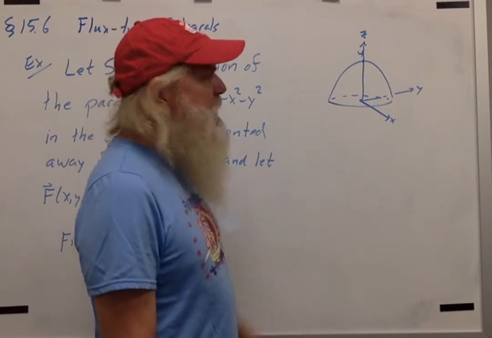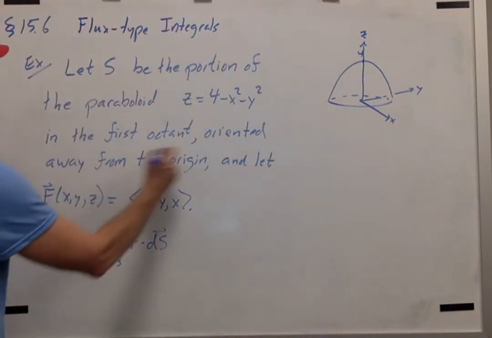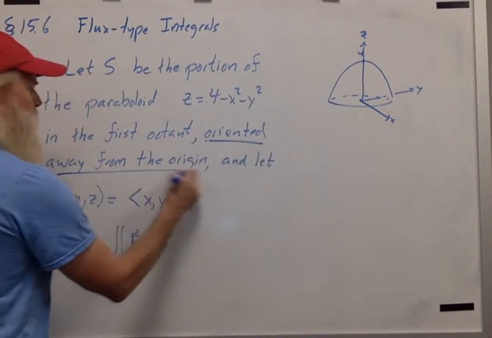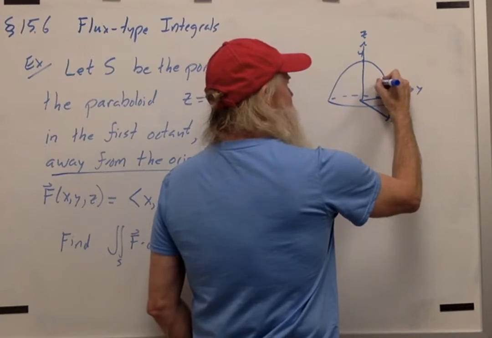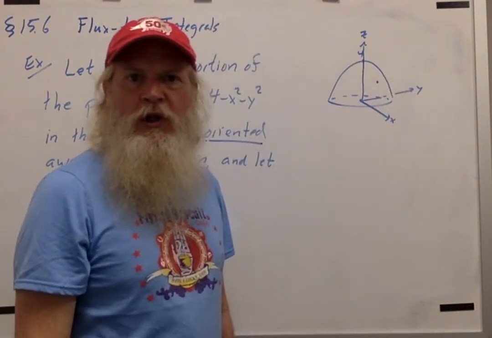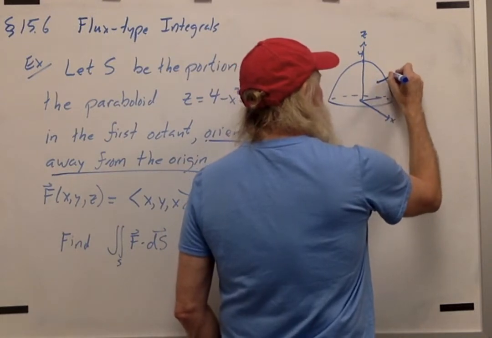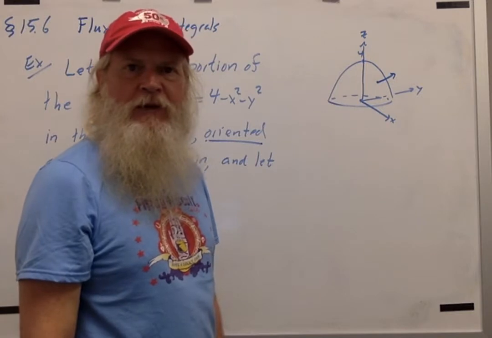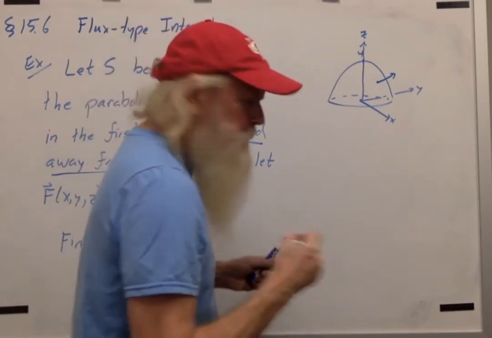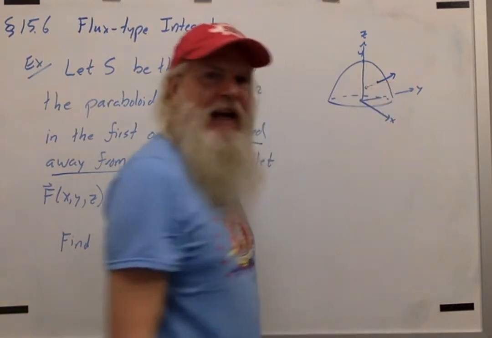Also, before I restrict, let's think about what I mean by the outward normal vector. I said that I want it oriented away from the origin. If I'm at any point on this surface, there are going to be two unit normal vectors. At this point, one of the unit normal vectors would point up and outwards from the surface, and the other one would point inward and down.